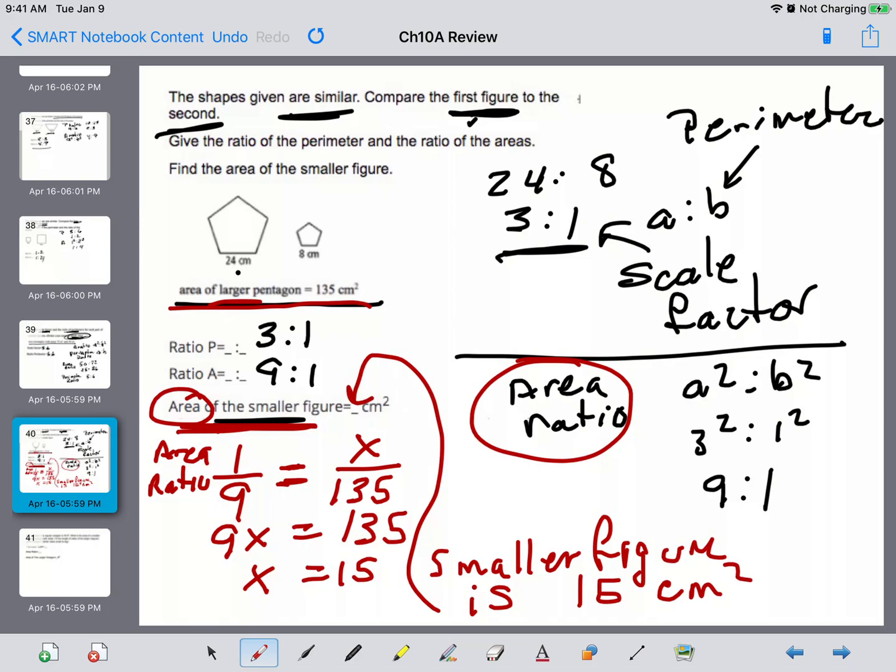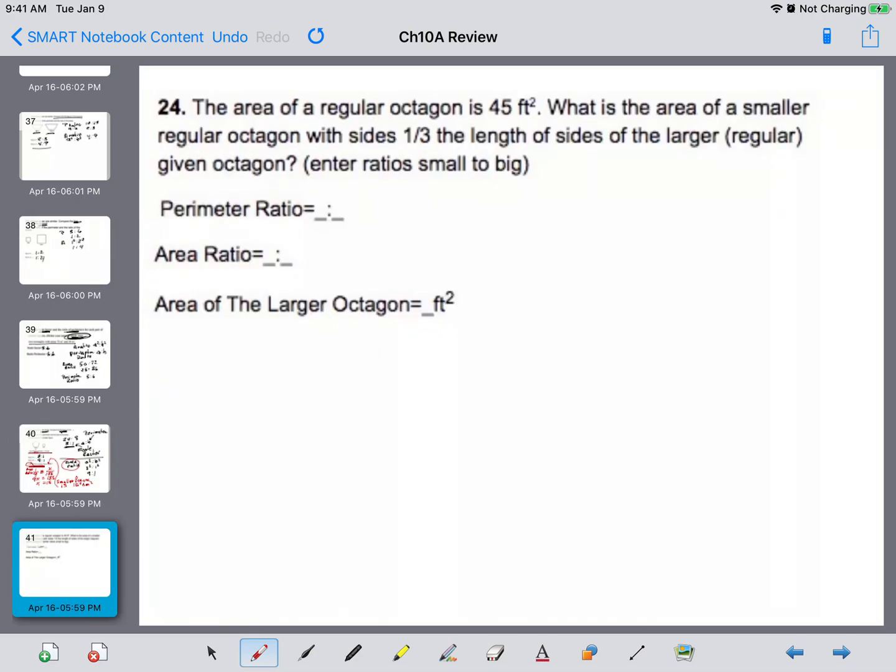Okay, now my last one is very similar to this. The area of a regular octagon is 45. What's the area of a smaller regular octagon that has sides 1/3 the length of the larger? So this is the larger.